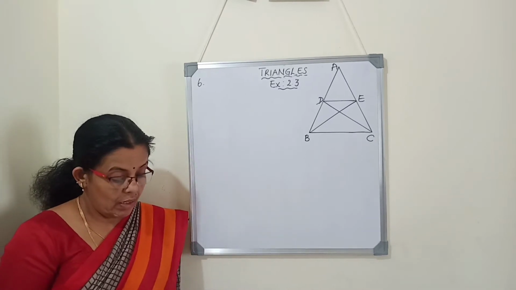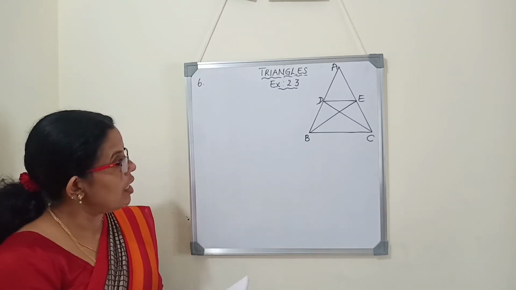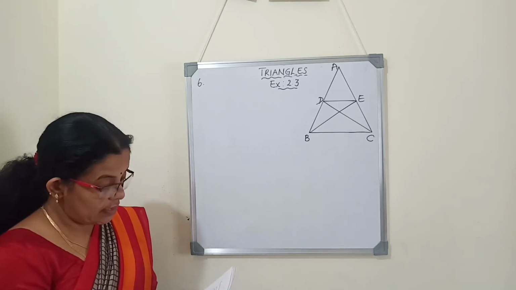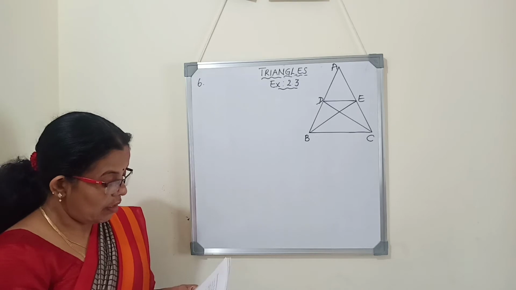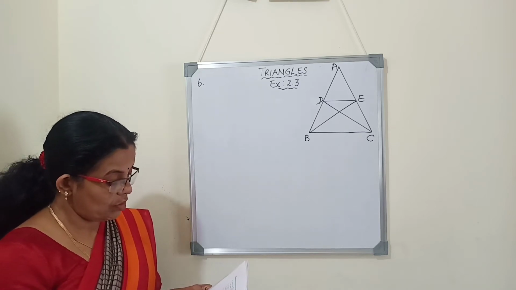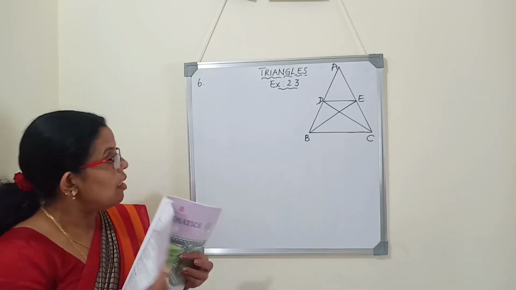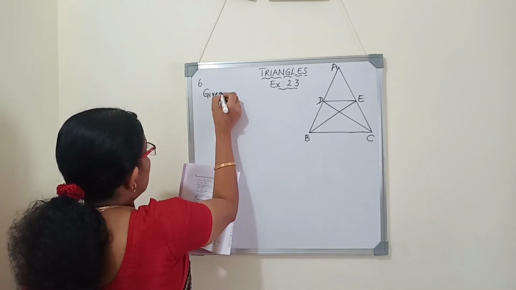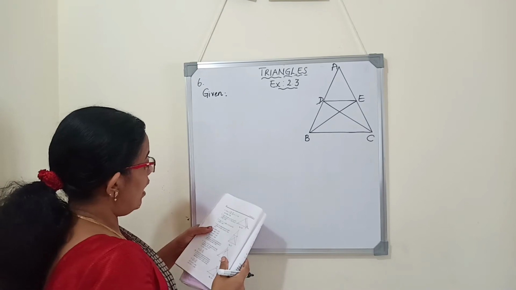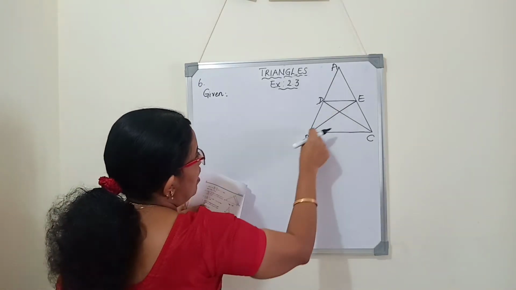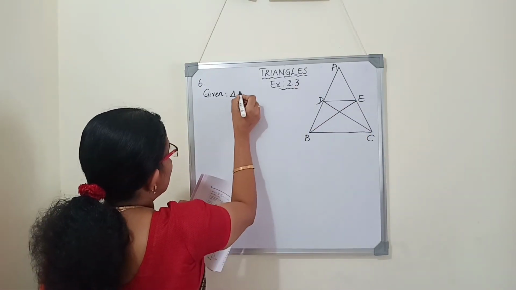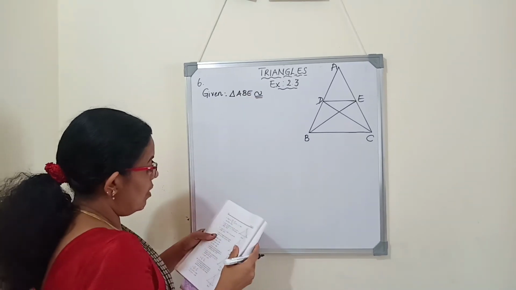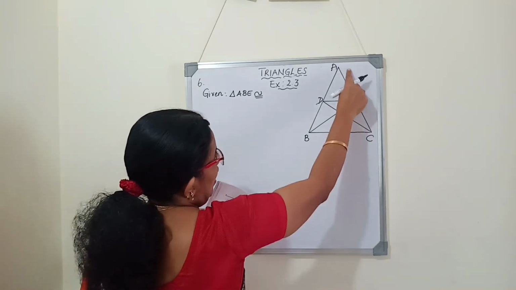Sixth question. In the given figure, if triangle ABE is congruent to triangle ACD, show that triangle ADE is similar to triangle ABC. So here in the given figure, it is given that triangle ABE is congruent to triangle ACD.